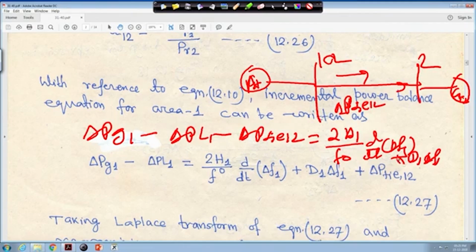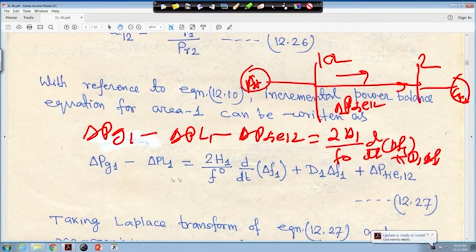Because generation has to match the load plus whatever is going to the load and the power flowing from 1 to 2. And loss is neglected because resistance is not considered.